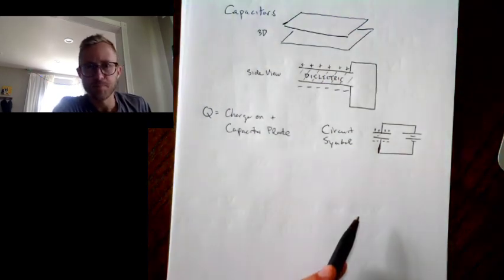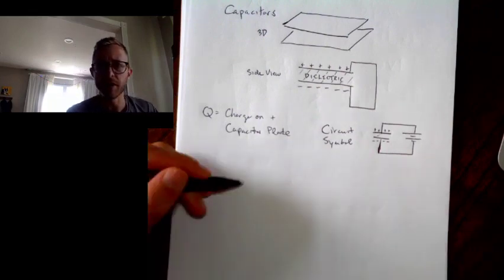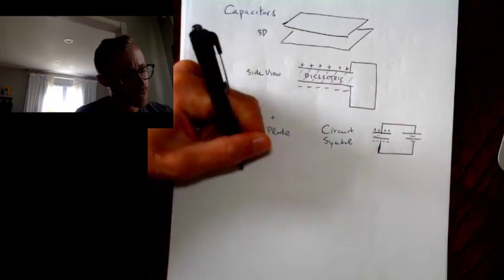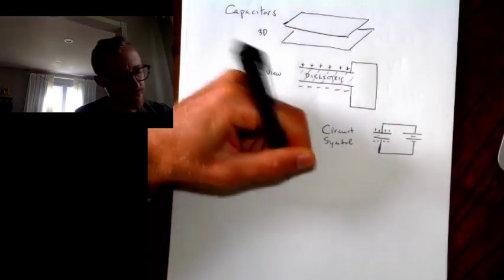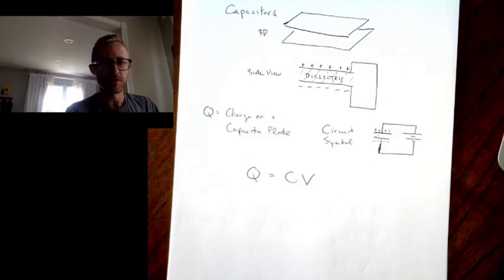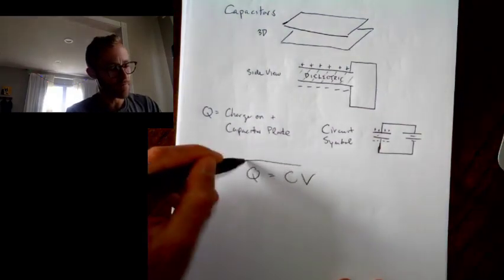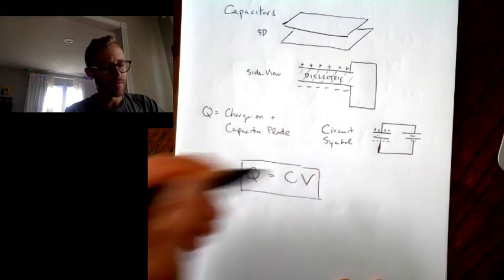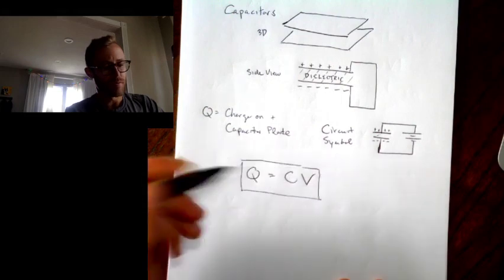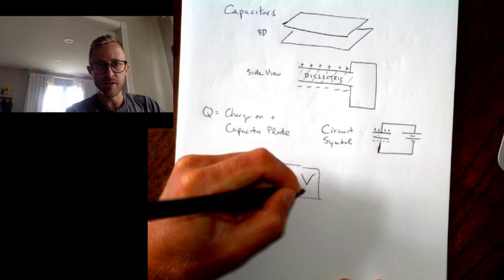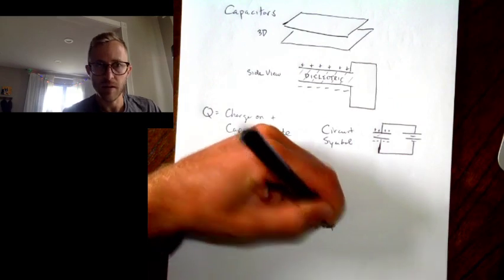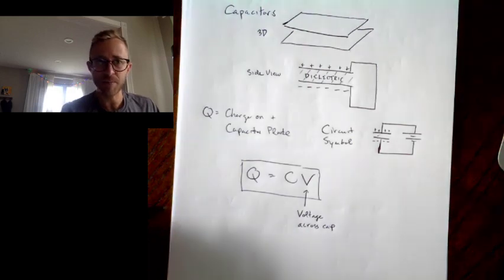And so there's a fundamental equation for capacitors, and it's Q equals CV. This is the fundamental equation right here, where V is the voltage across the capacitor, which is sometimes called a cap.